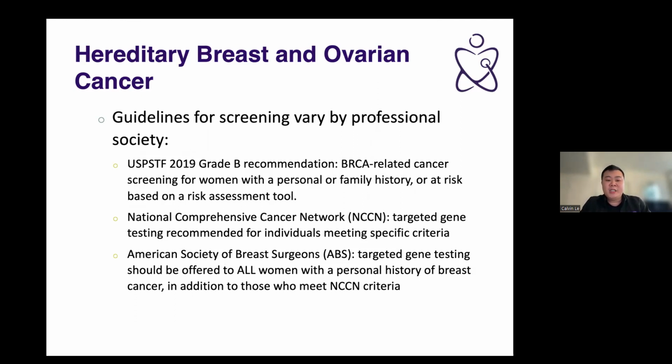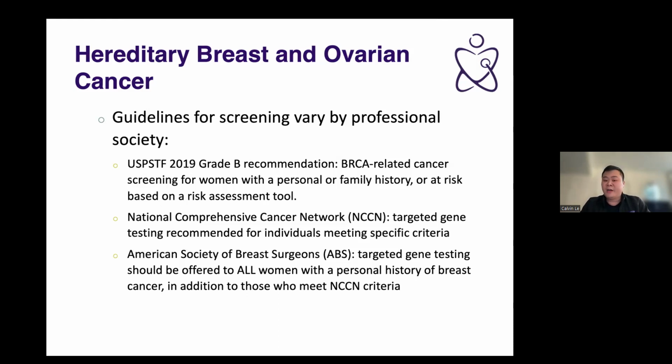In 2019, the USPSTF put out a grade B recommendation: BRCA-related cancer screening should be offered to women with a suspicious personal or family history, or who you use a risk assessment tool to grade as being at elevated risk. The National Comprehensive Cancer Network, which is a consortium of different cancer treatment centers, of which the UW is a member, recommends targeted testing for individuals who meet a specific set of criteria.